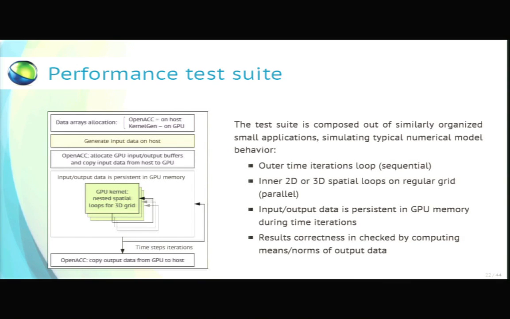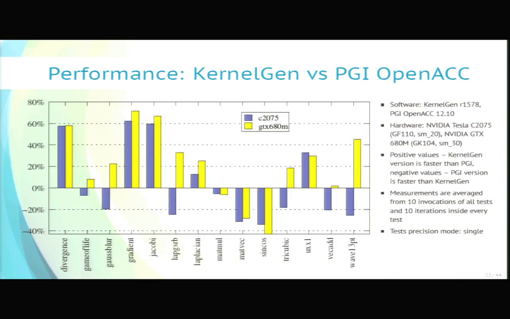Result correctness is checked by computing mean norms for output data in different cases in CPU, OpenACC, and KernelGen. So this graph presents the performance difference between KernelGen and PGI OpenACC.